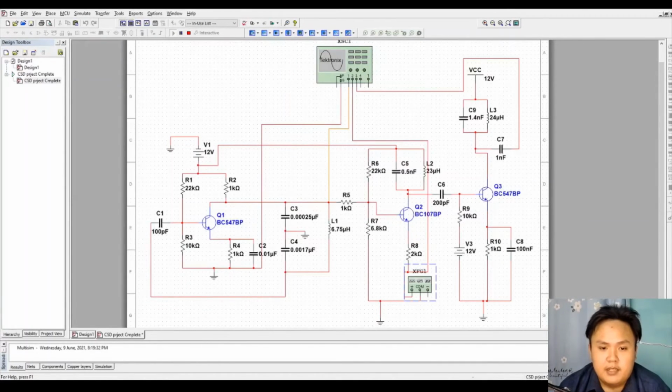The modulated signal is then sent to the power amplifier before transmitting the signal through the antenna. Okay, that's the brief explanation for this circuit. For the simulation result, I leave it to Falik for the explanation and to conclude all of this simulation. Thank you.